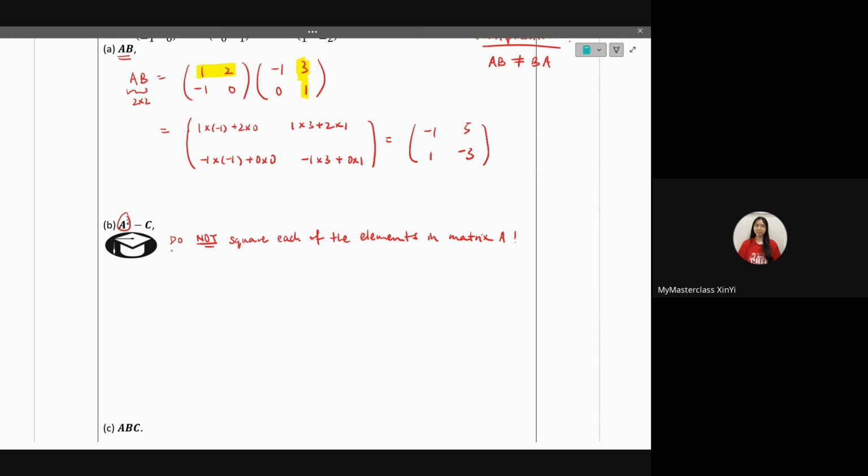In matrices, we only do matrix multiplication. So when you have A squared, it basically means matrix A multiplied by matrix A, not squaring of the values inside. There's no such thing as squaring the values inside in matrix multiplication.